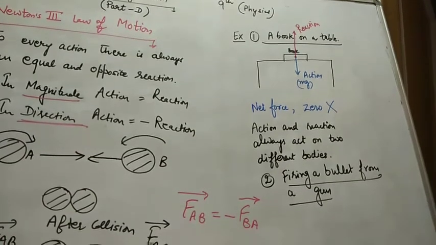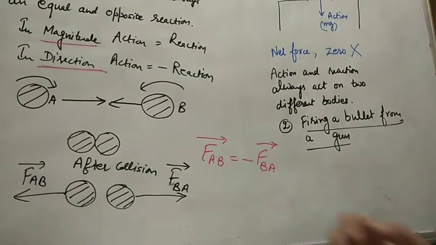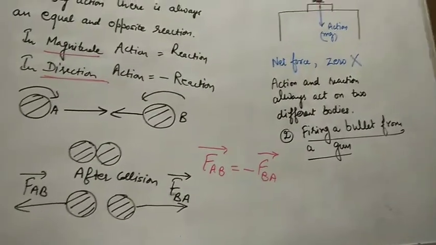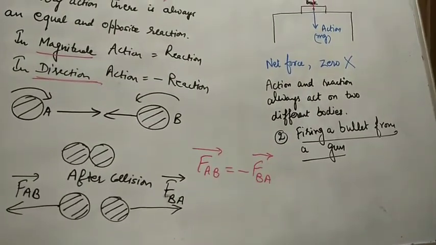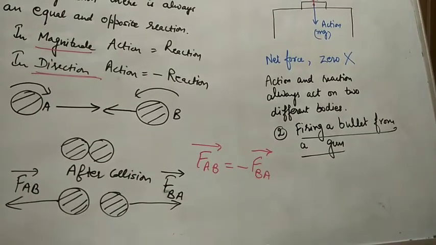That is action. And the gun will experience a backward force. The special name for that reaction force is recoil of the gun. So the recoil of the gun will act in the opposite direction. The bullet is moving in the forward direction and the gun is recoiling in the backward direction.